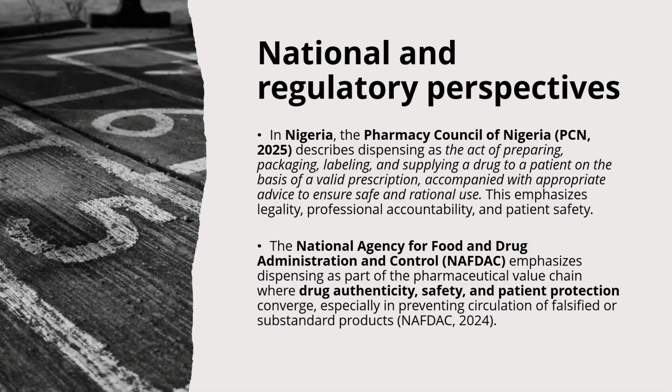Okay, so Nigeria also has our systems. We also have our structures. We have the Pharmaceutical Council of Nigeria. We have NAFDAC. If you're in Nigeria, you have to know NAFDAC. You must have heard of expired drugs, you must have heard they are shutting down pharmacies and all of that.